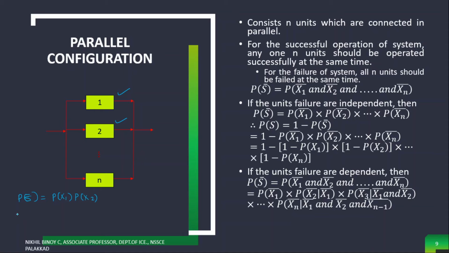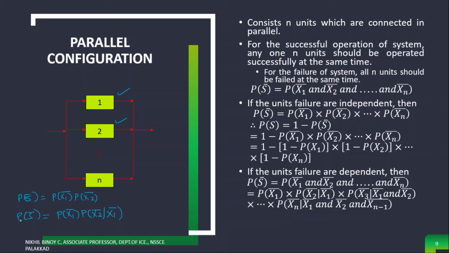If the failures are dependent, then we can write P of S bar is equal to P of x1 bar into P of x2 bar slash x1 bar. P of S bar is equal to P of x1 bar into P of x2 bar if the unit failures are independent.